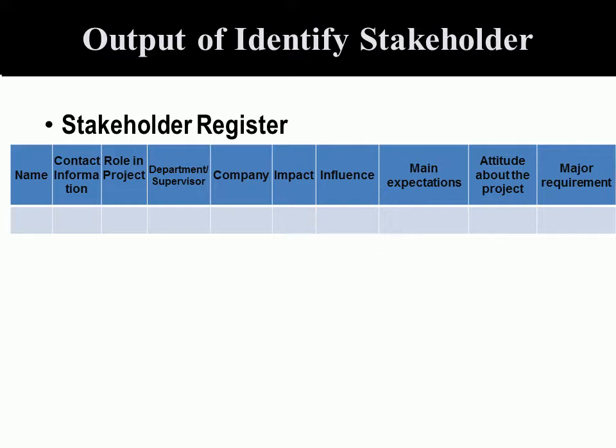They may be from a different organization, the level of impact that stakeholder may have, interests, their main expectations that are not listed as requirements, and the overall attitude about the project. It can be positive, negative. They wish the project shut down. This project is critical to them because it accomplishes XYZ, and the main requirement. So the stakeholder register, you will seek to fill this list, and this same list can be used to develop a stakeholder management plan or strategy.